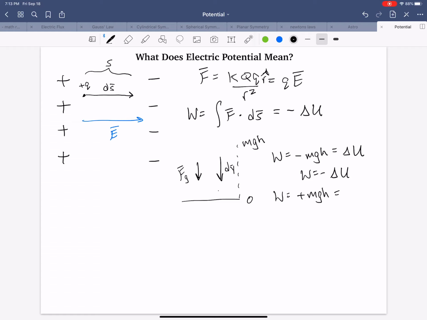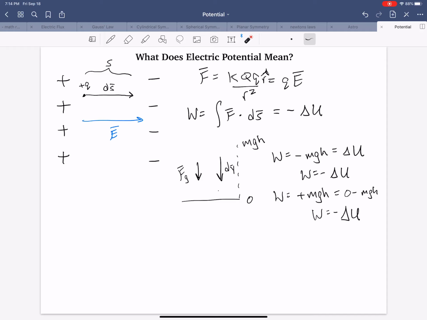And that's equal to now final minus initial, that's equal to a negative delta U. So in this case, work is equal to, again, negative delta U. Yes, they're the same, mgh, and that's the point. But the negative is always there, even still.